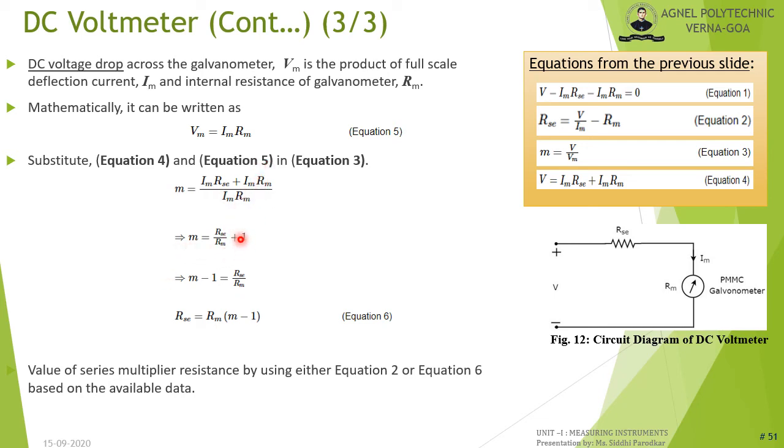So take this 1 on the other side, we get M minus 1 is equal to RSE upon Rm. Take Rm on the other side, so we get the value of RSE as RSE is equal to Rm into M minus 1. So we can find the value of RSE either from equation number 6 or from equation number 2 based on the available data.